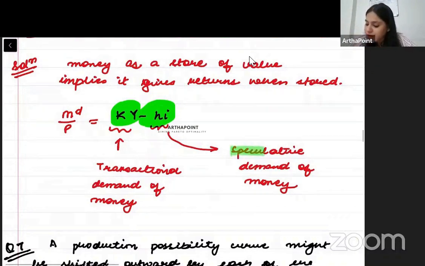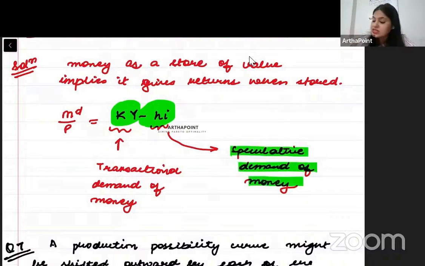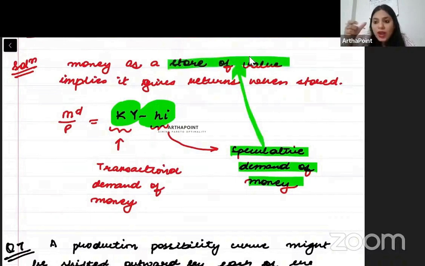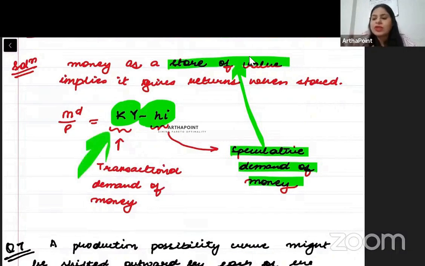So this speculative demand of money indirectly says that money has a store of value. When you save money in some form and use it for the purpose of speculation, it also fetches you return in the future, right? Transactional demand will not fetch you any return.